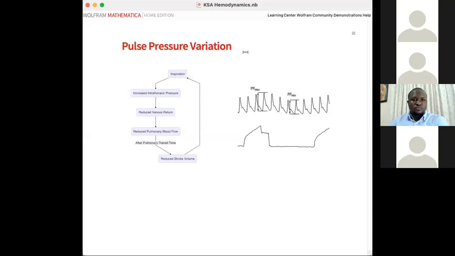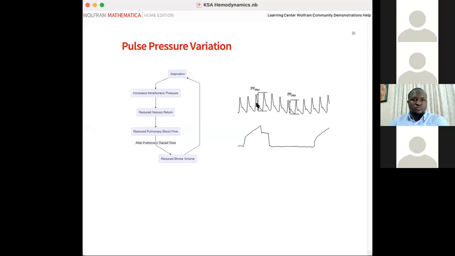During positive pressure ventilation, you increase your intrathoracic pressure, and this pinches your inferior vena cava, so your venous return tends to reduce. During exhalation, when you release the pressure, your intrathoracic pressure goes down and your venous return improves. So you have cyclic variation in inferior vena cava, pulmonary artery, and even aortic blood flow with your respiratory cycle.